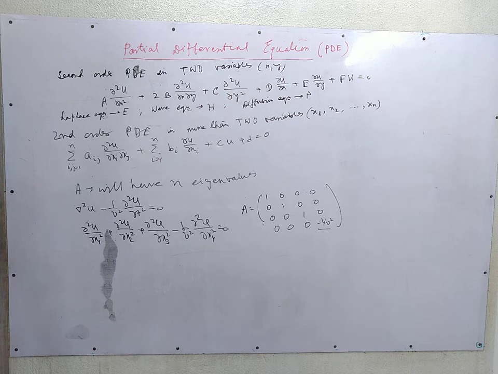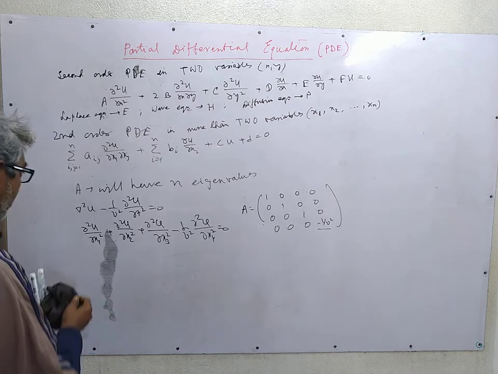So for both elliptic and hyperbolic partial differential equations, all the eigenvalues of the coefficient matrix A are non-zero, and for the elliptic one, all the eigenvalues are positive. For the hyperbolic partial differential equation, only one eigenvalue is negative and all others are positive.